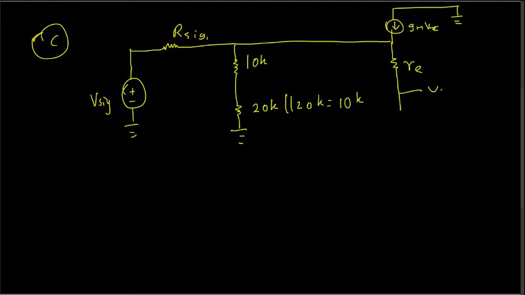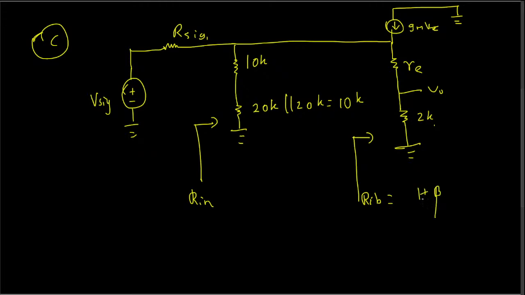So after RE we have the Vout, and then a 2k ohm resistance connected to the ground, and that is it. The resistance right here is the input resistance, and the resistance right here is Rib, and this Rib is nothing but 1 plus beta times RE plus 2k, these two being in series.